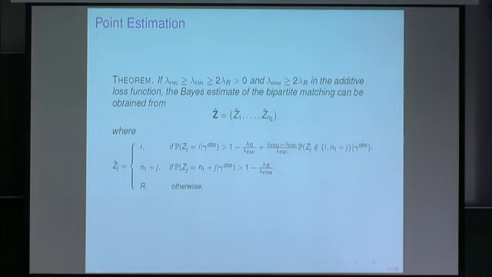But for a wide range of values of those losses, it turns out that the estimator has closed form, and you can obtain it from this formula, which I'm not going to go through. That's nice because having a closed form solution makes your life easier if you have many records.